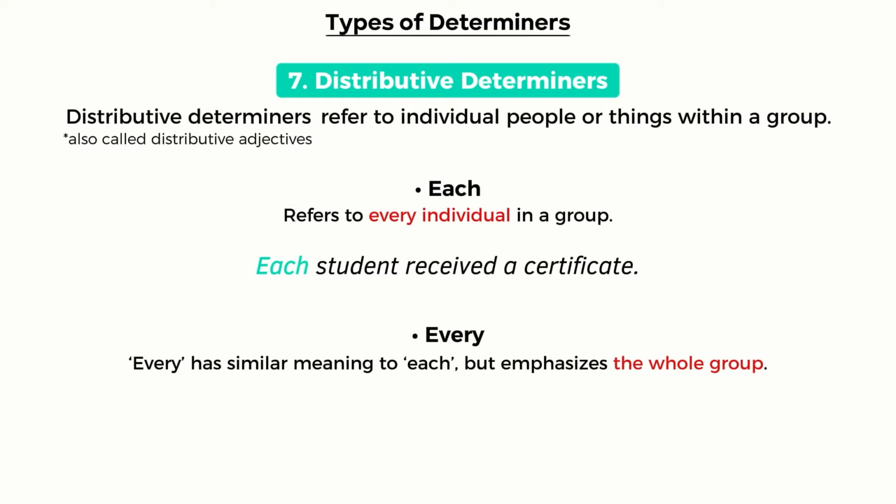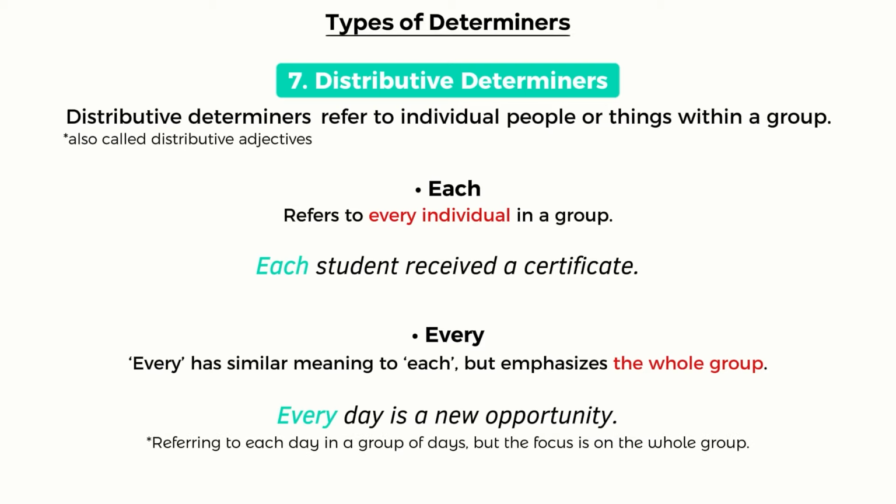Every has a similar meaning to each, but emphasizes the whole group. For example, every day is a new opportunity, referring to each day in a group of days, but the focus is on the whole group.